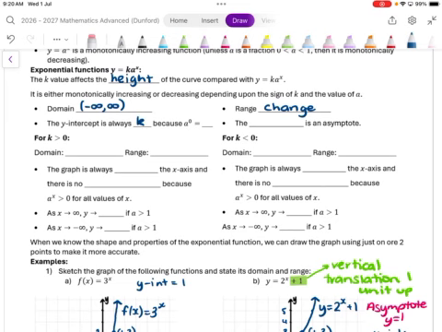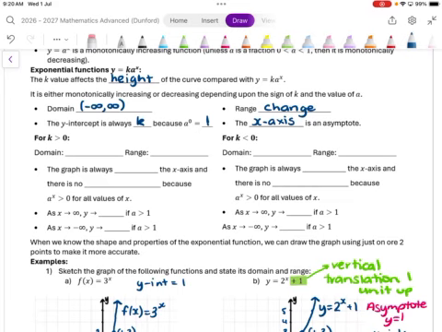So whatever the k value is out the front is going to be our y-intercept, and this is because a to the power of 0 is 1, and we're timesing that by k. We have that the x-axis is still an asymptote, unless we translate our graph up or down. Even if we translate our graph left or right, our asymptote is still going to be at our x-axis.